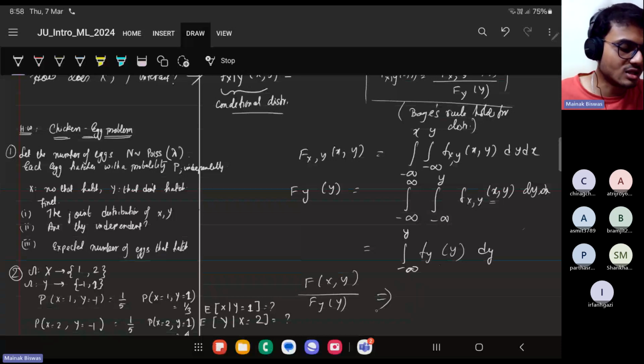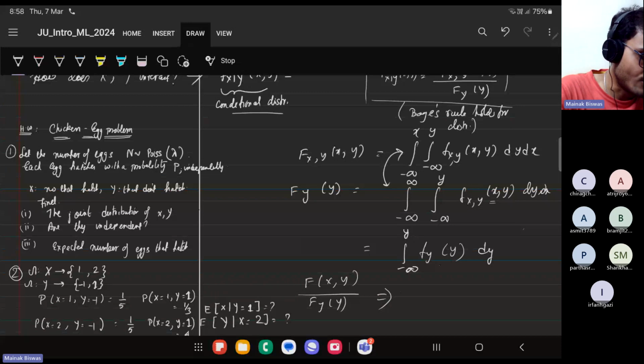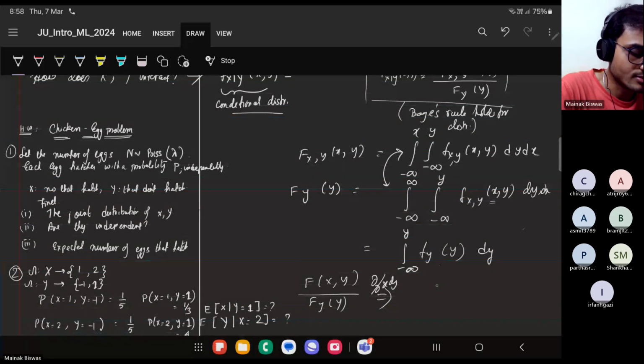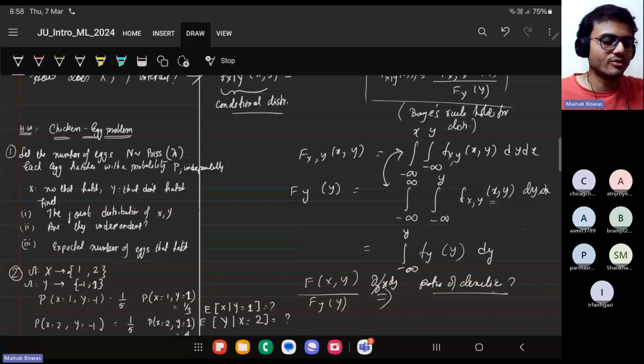These are just integrals. If you take the derivatives, you would get back the similar densities, right? So if you do the derivative, or if you just take the ratio, what is the ratio of the densities?